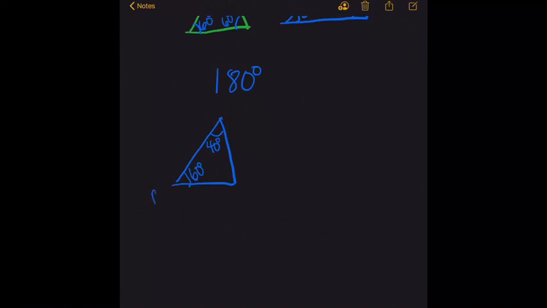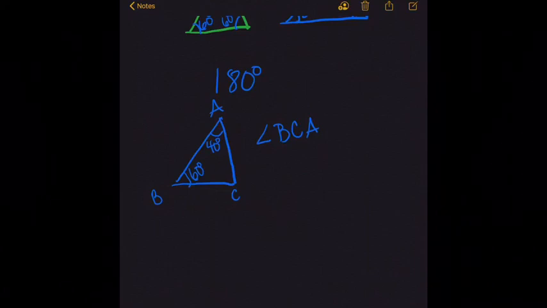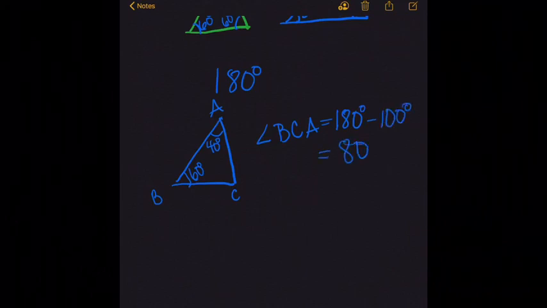Okay, this is B, this is C, this is A. So angle BCA. Well, how do we figure it out? Well, we know that those two angles added up equals 100 degrees, and that all three together is 180. So we can simply say 180 degrees minus 100 degrees equals 80 degrees.